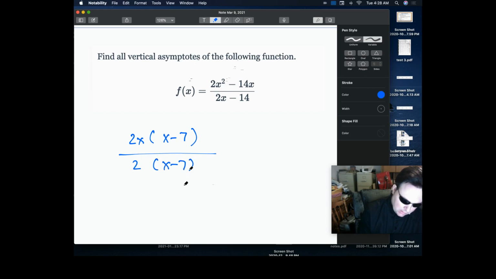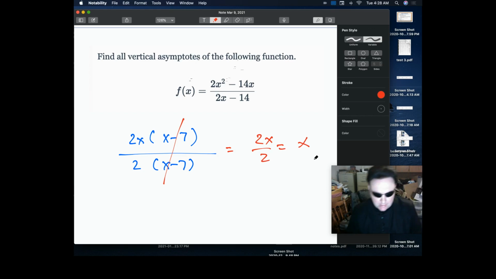Now, what I always do is I quickly distribute back to double check to make sure I didn't make a silly mistake. I did not. And here what happens is we see that the x minus 7's divide out, and I'm left with 2x over 2, which reduces to x. So this is actually just a line with a hole at 7. So when it says find all vertical asymptotes, there are none.